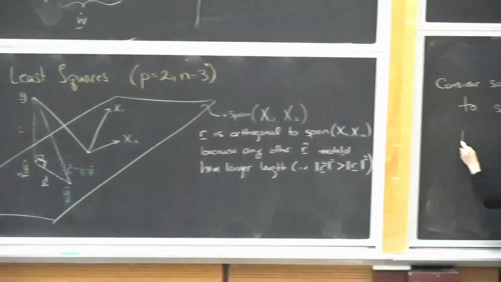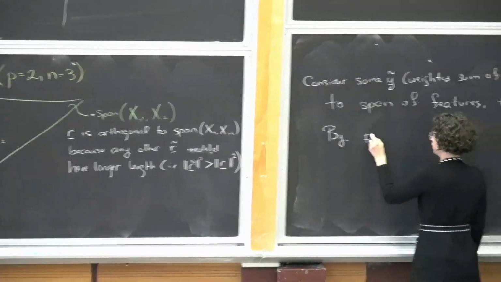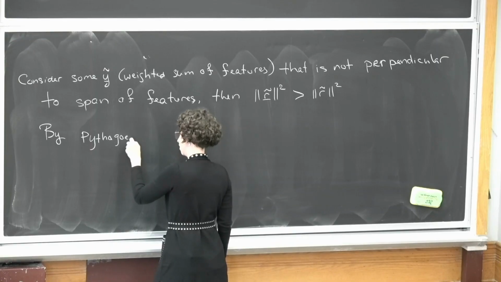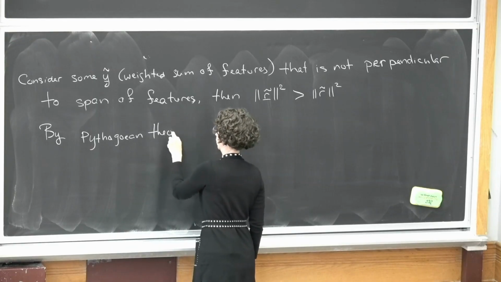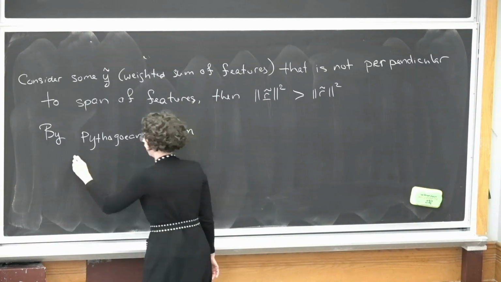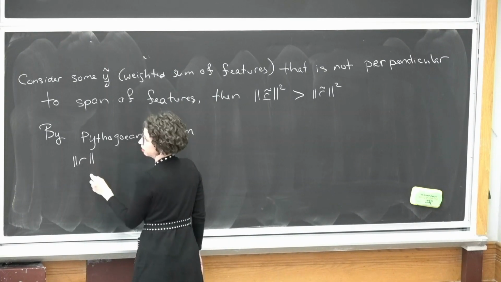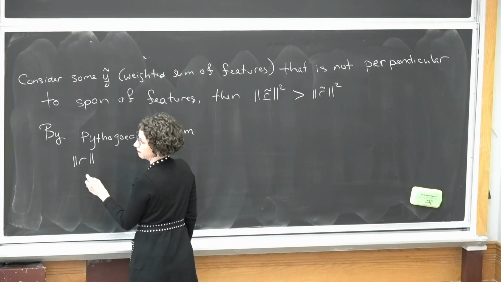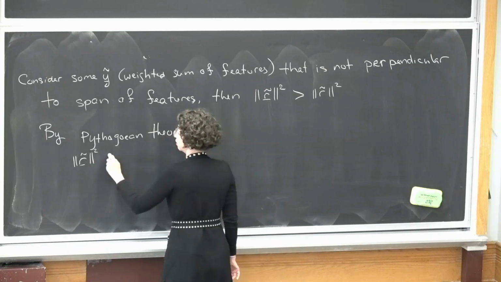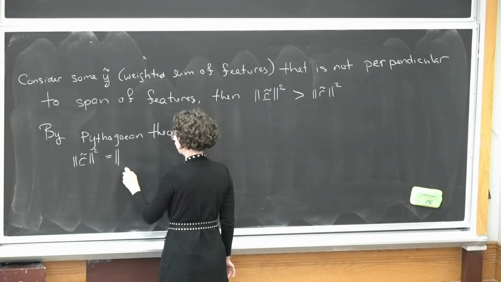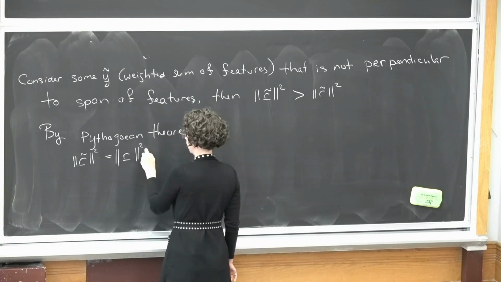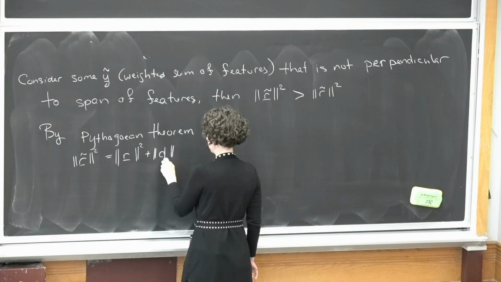So in particular, by the Pythagorean theorem, when we've got this right triangle, we know that the length of the hypotenuse squared, r tilde, is going to be the sum of the squared lengths of the two sides, which is r and d.